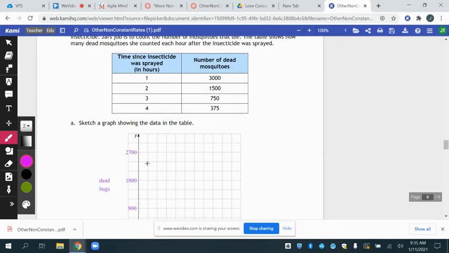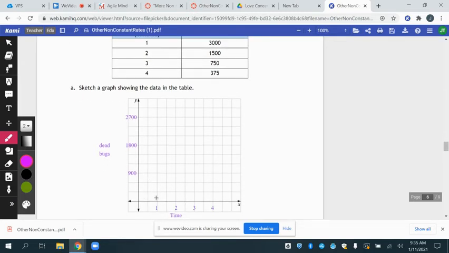So 1 goes with 3,000. All right, 1, 3,000. 2, 1,500. 1,500 is right here, because I'm counting up by 300 each time: 300, 600, 900, 1,200, 1,500. Counting up by 3s with hundreds after them.